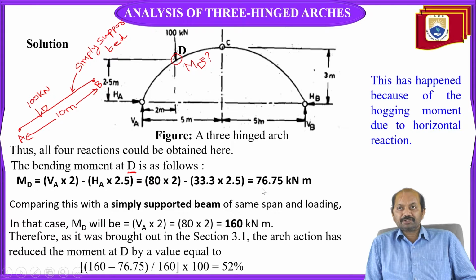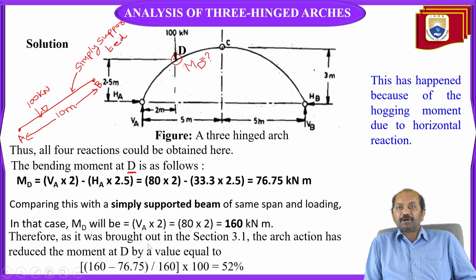In the case of the arch, the bending moment is 76.75, but in the case of the simply supported beam, it is 160 kilonewton meter. That means in the case of the arch, the bending moment is reduced.